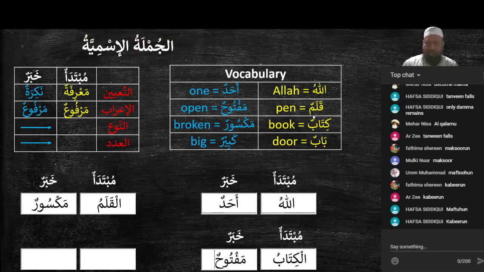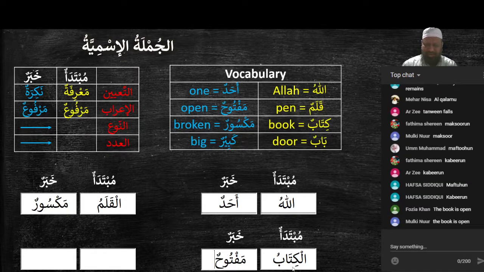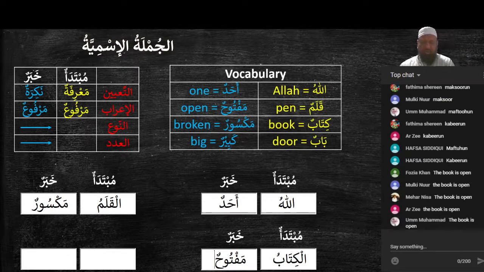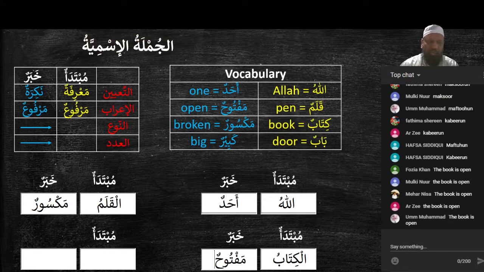We have the meaning of a book, kitabun. We're going to say the book. In between, the linking word is. The book is. We look at the meaning of maftuhun: open. The book is open. Good, well done. Next one.